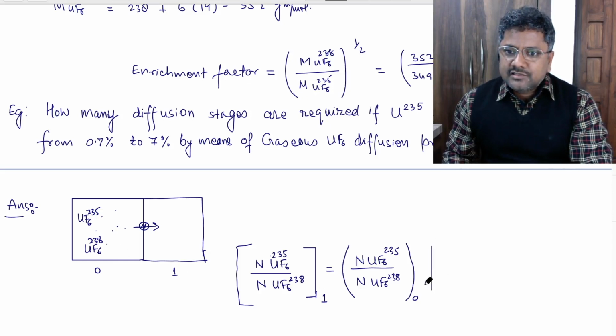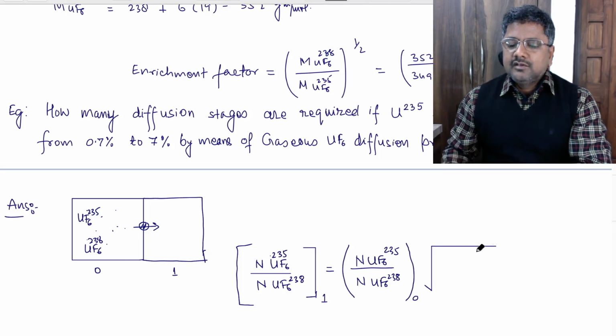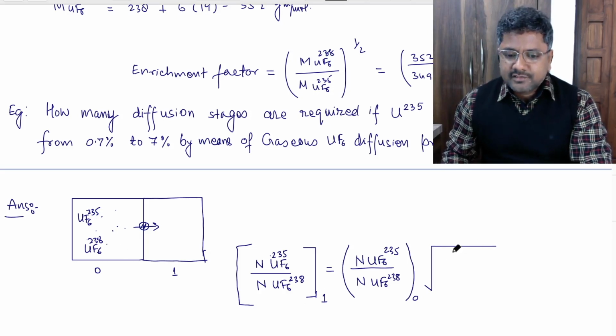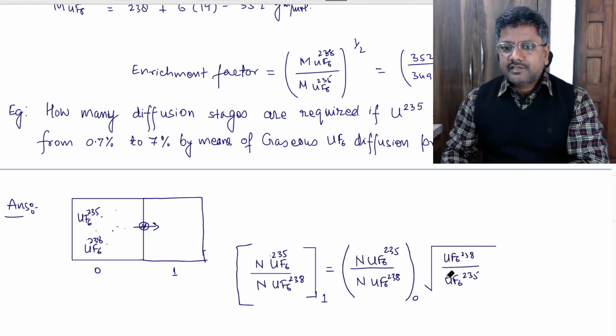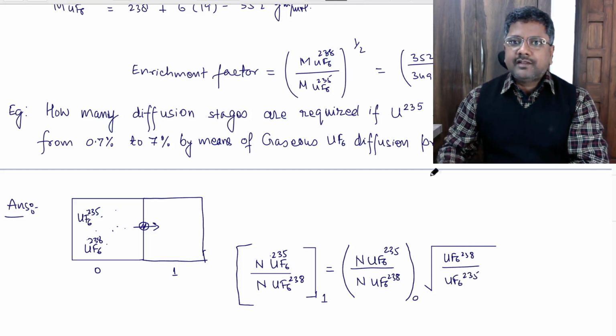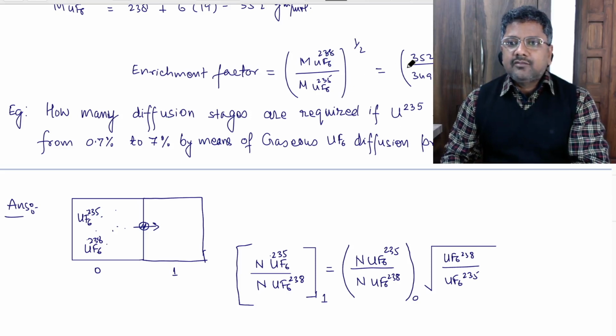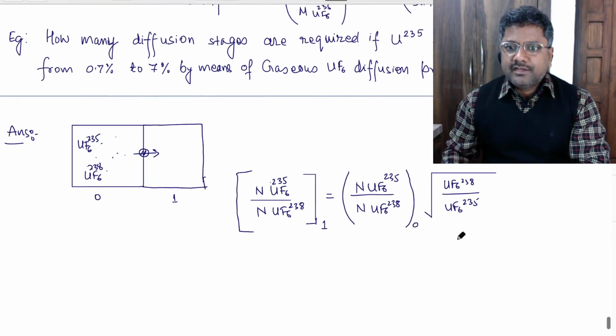Square root of molar mass of UF6 238 by UF6 235, and this ratio is called the enrichment factor. So we have already calculated, see here, enrichment factor 1.0043. So I am directly putting here the enrichment factor.